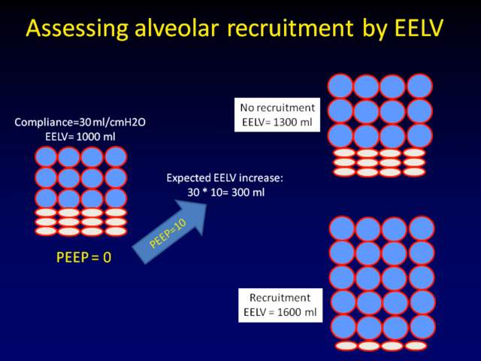So if I measure this end expiratory lung volume, I can tell you how much volume I have been recruiting. Simple. If the change is what I expect from compliance, then there is no recruitment. If it's more, then the difference is due to recruitment.